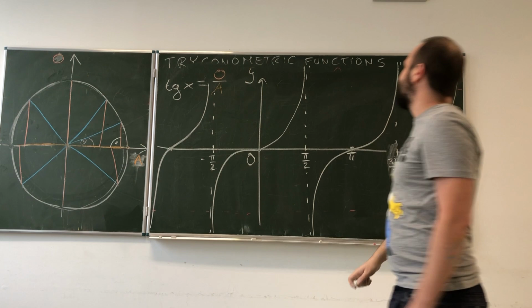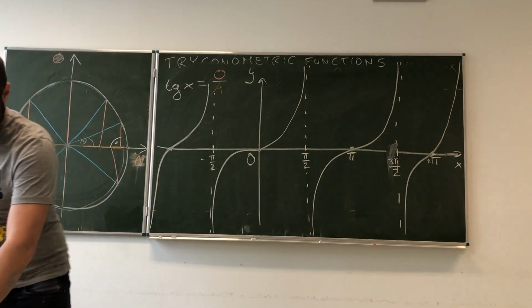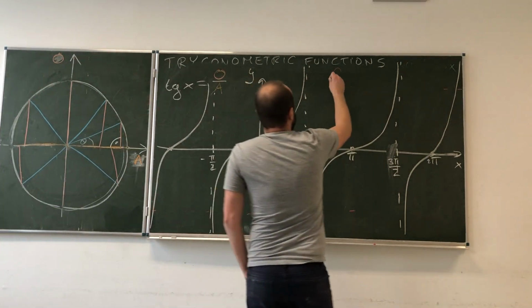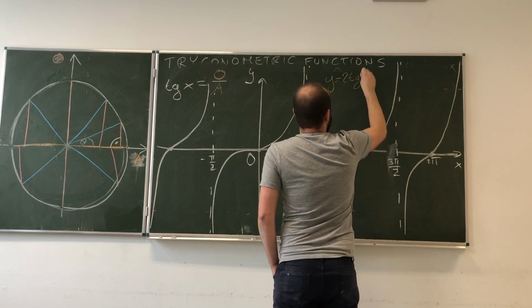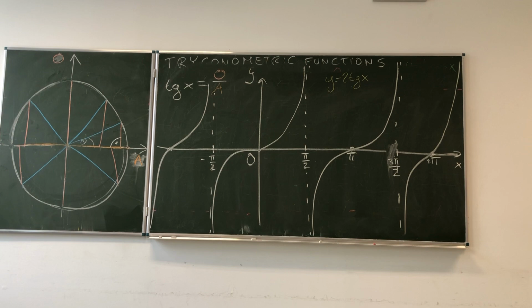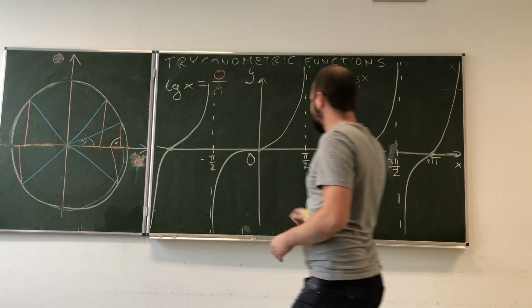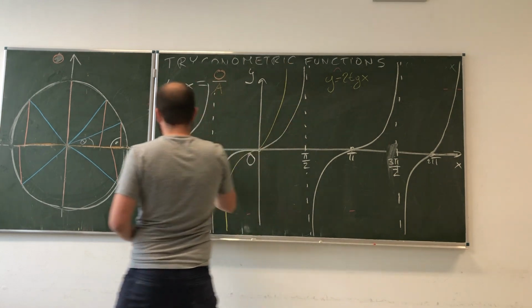And look, we can make the same transformations as we did before. Let me just show you one example. If we have, for example, y equals 2 tangent x, what will we have? We will have a function that is twice as steep. So, it will look like this, and like this.